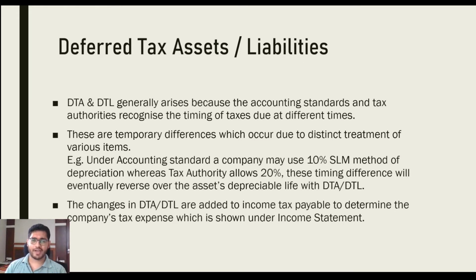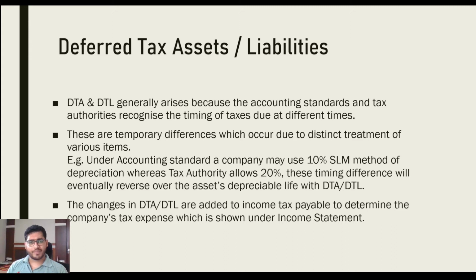When the company reports under accounting standards, it may use different methods of depreciation, impairment, or provisions, and the tax authorities may have allowed a certain limit or cap to the particular treatment of those items in taxation or accounting. So there's a difference arising. The difference which arises is settled with the deferred tax assets and liabilities.